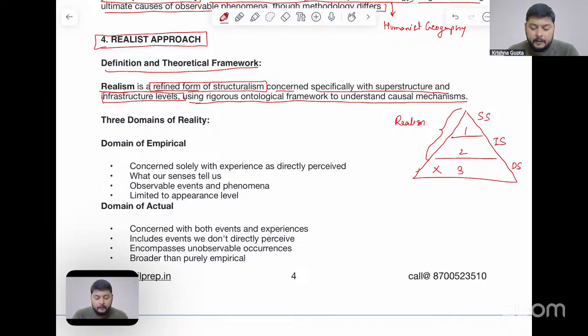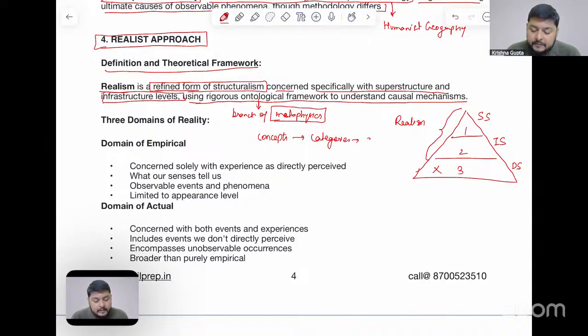The rigorous ontological framework is basically one of the branches of metaphysics, an important branch where the relation is shown between concepts and categories in a specific area or domain.